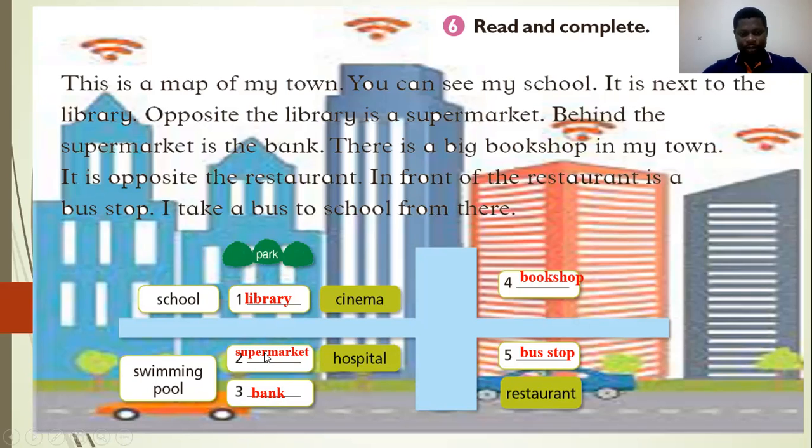There is a big bookshop. This is the bookshop. It is opposite the restaurant. This is the restaurant. In front of the restaurant is a bus stop. In front of this restaurant, we have a bus stop here. Okay. All right, let's move on.